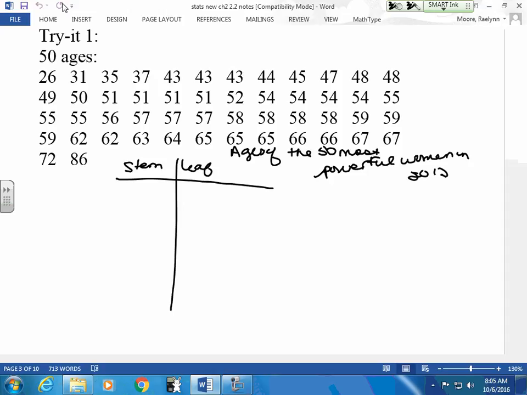How many positions, how many digits, or how many places is my stem going to have? Not entries. Is it going to be 2 positions, 1 position? One.